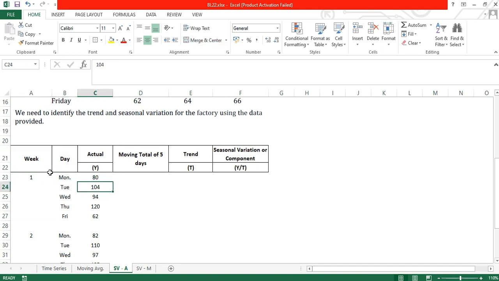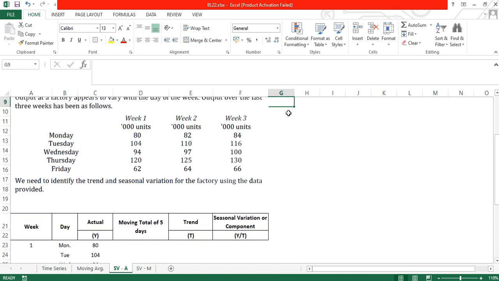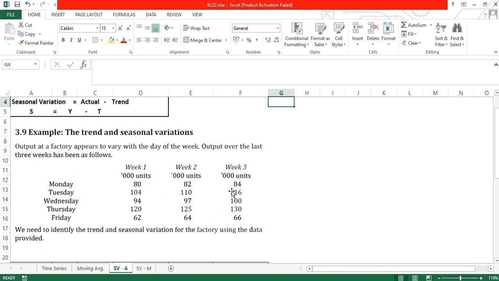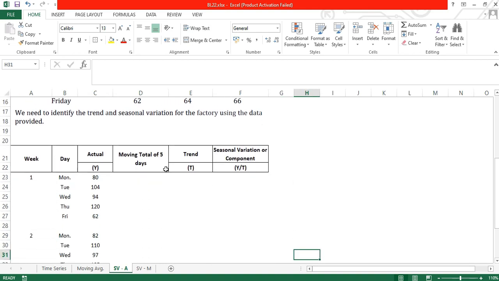These two will be the time related facts and this will be the actual data given, which in this case is the output of a factory. The moving total of the 5 days, since they have given 5 days, we have to take the total of 5 days and the average of 5 days. And then calculate the seasonal component.